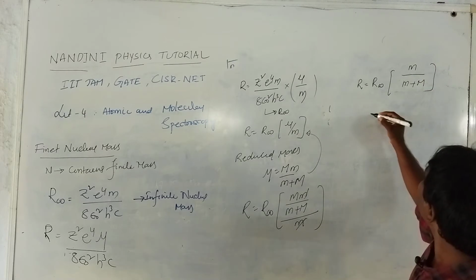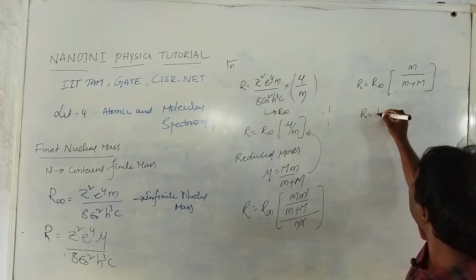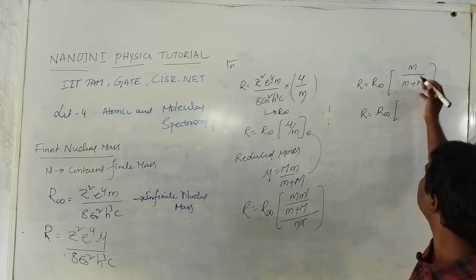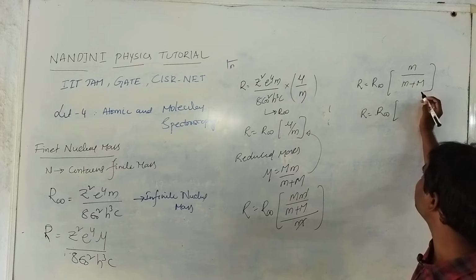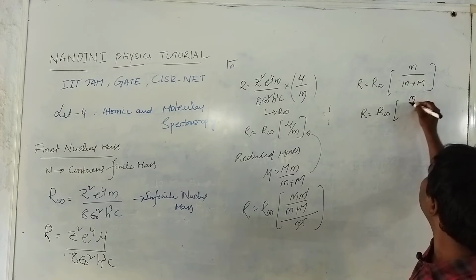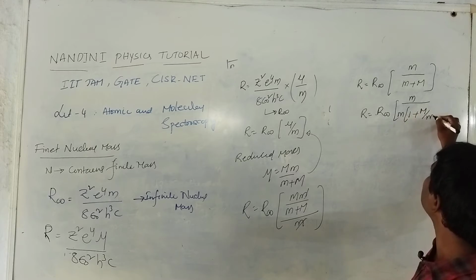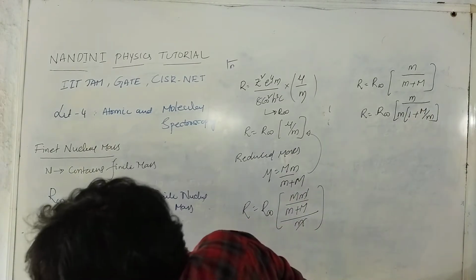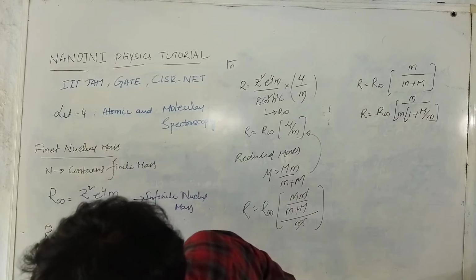Okay. So in this equation R is equal to simply R naught into, take m common, small m is common both sides. So therefore m divided by m common, 1 plus capital M by small m. Okay, understand everybody?